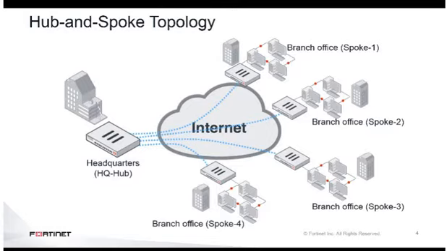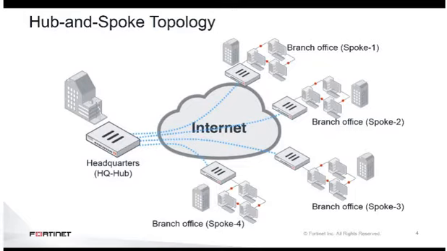One point-to-multipoint topology variation is called hub and spoke. As its name describes, all clients connect through a central hub, similar to the way spokes connect to hubs on wheels. In the example shown on the slide, each client, spoke, is a branch office FortiGate. For any branch office to reach another branch office, its traffic must pass through the hub.